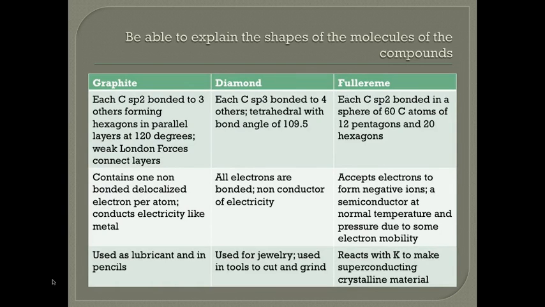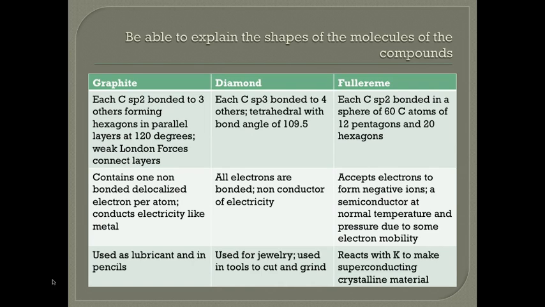Let's take a look at carbon and its 3 allotropes, and let's see how bonding helps explain the shapes of molecules. In graphite, each carbon is sp2 bonded to 3 others, forming a hexagon shape in parallel layers. Now, the angles between each of the carbons are 120 degrees.